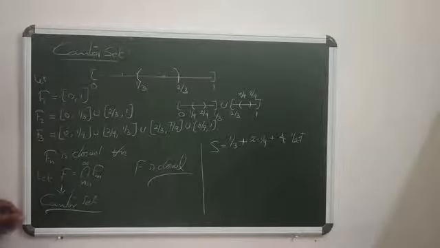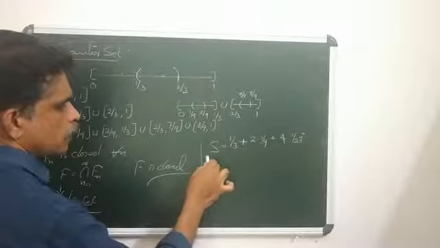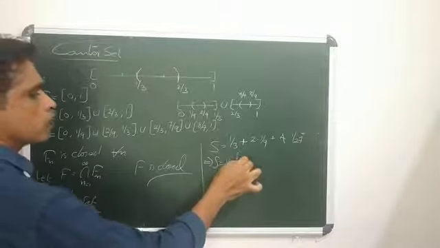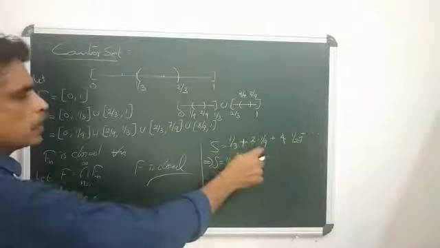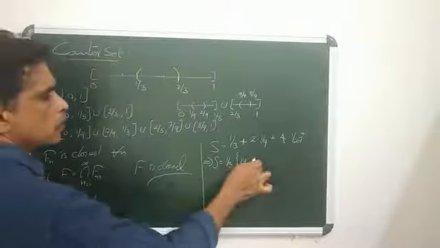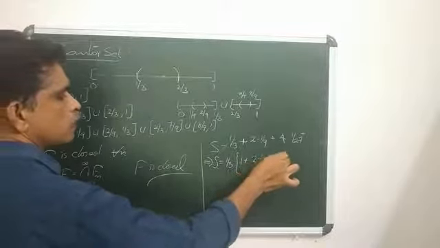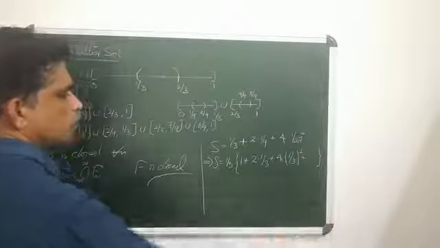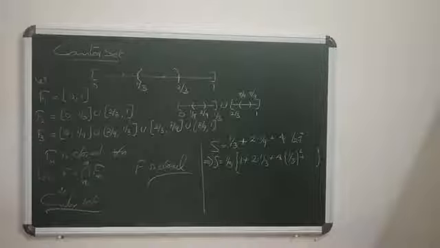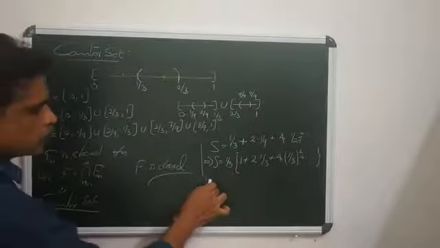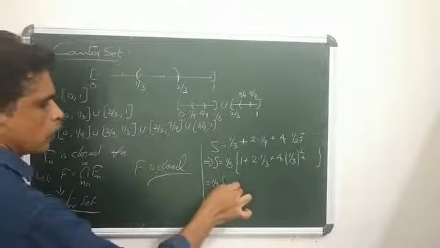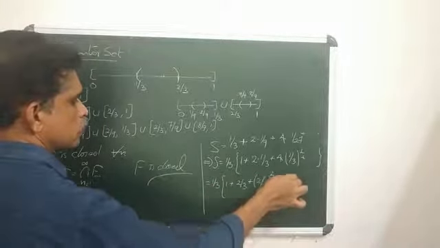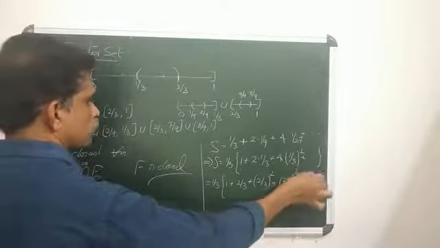So S equals 1 by 3 into 1 plus 2 into 1 by 3 plus 4 into 1 by 3 whole square, plus etc. Which is 1 by 3 into 1 plus 2 by 3 plus 2 by 3 whole square plus 2 by 3 whole cube, plus etc.